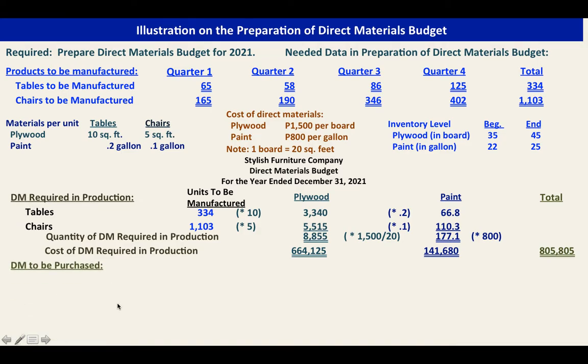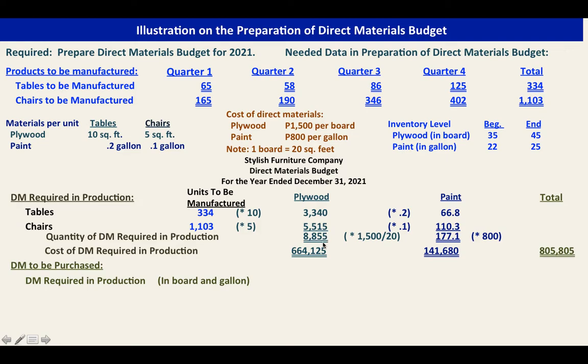The next thing that we are going to do is direct materials to be purchased. Of course, the direct materials to be purchased, as we have learned, is based on the quantity of direct materials in production. However, since this is in square feet, and we are purchasing in whole units, which is per board, we have to convert the square feet into boards, okay, and gallons.